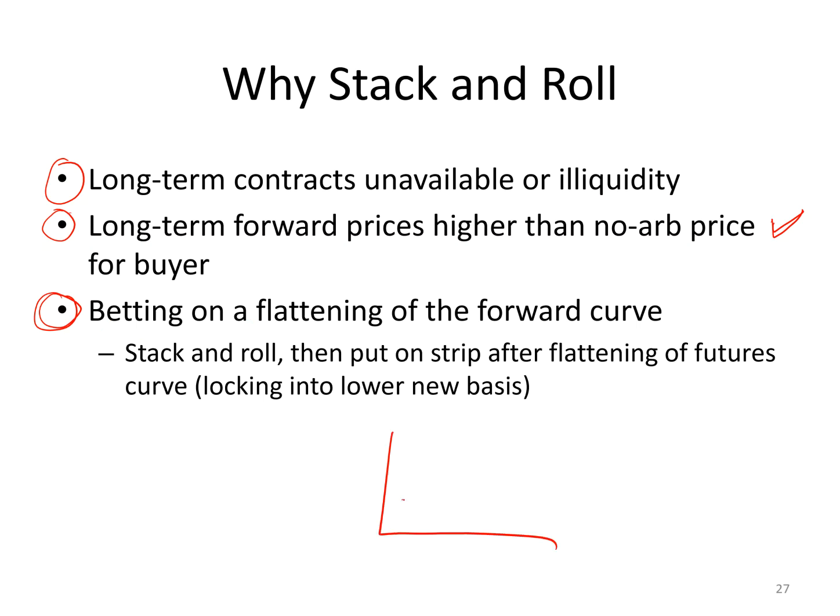In other words, if you're looking at a forward curve for 1-year and 2-year deliveries that look like this, and you feel that the curve should look like this, you feel that this is too high, what you could do is buy 2 of these contracts, and hopefully when the time comes to renew and get this 1-year contract, that new futures price will be lower and you'll earn some extra profits or reduce your costs by that flattening of the forward curve. So what you're hoping for is a flattening of the forward curve before putting on the new hedge.